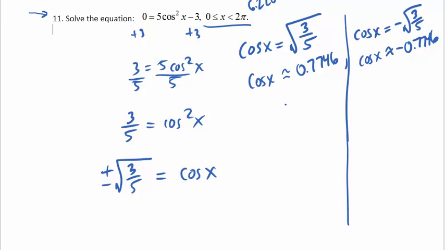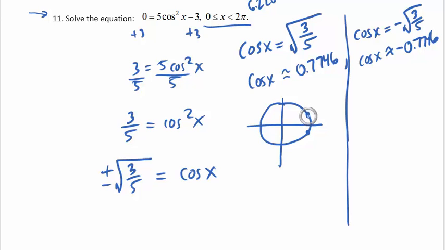Okay, because here's what I have. If I think about the cosine of x on my unit circle and when it would be equal to positive 0.7746, this is almost positive 1, right? This value right here is almost positive 1. Here is where my x-coordinate is 1 exactly. So I'm going to have two locations, one here and one here.